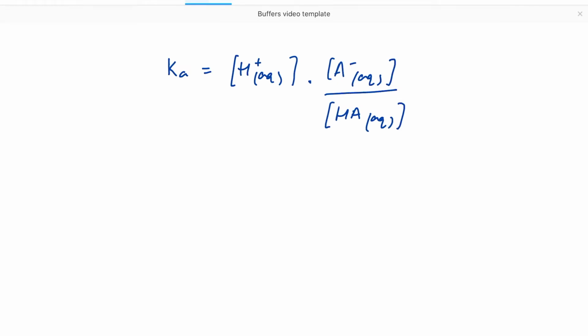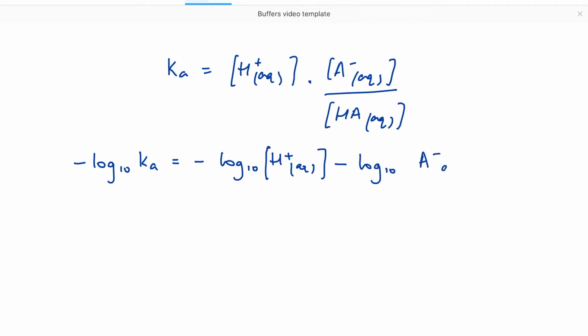Alternatively, we can take our expression for our buffer system, and if we take logarithms of both sides and multiply by -1, we get minus log 10 Ka equals minus the log 10 of the hydrogen ion concentration minus the log 10 of the anion over the weak acid ratio.